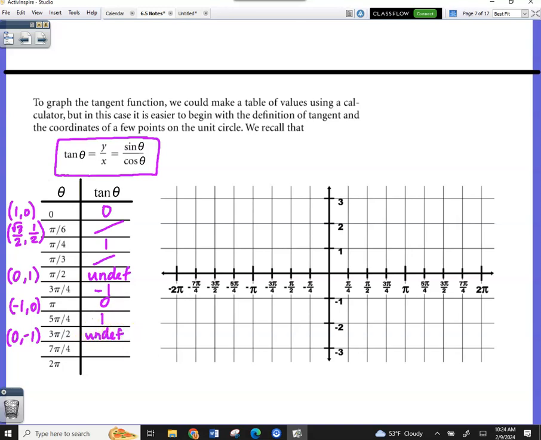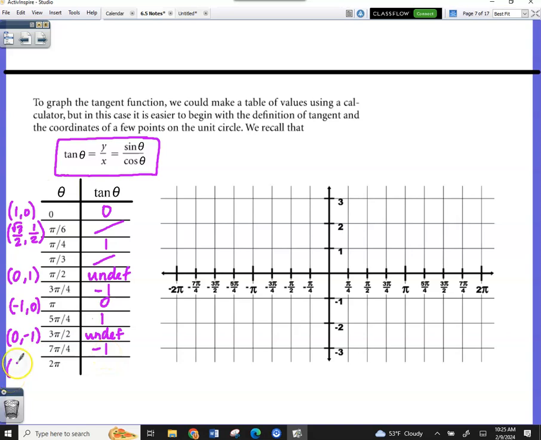Another asymptote. All right, 7 pi over 4, that's a 1/4 increment, which means they're going to match, but it's quadrant 4, so it's -1.